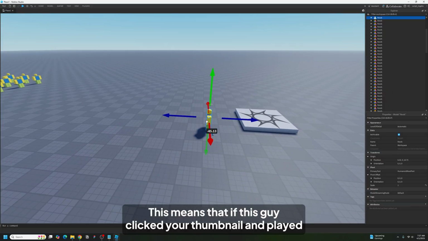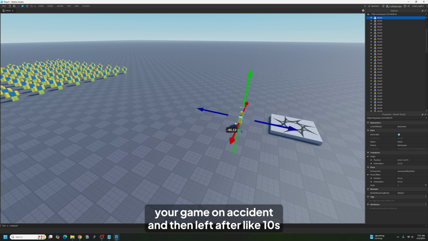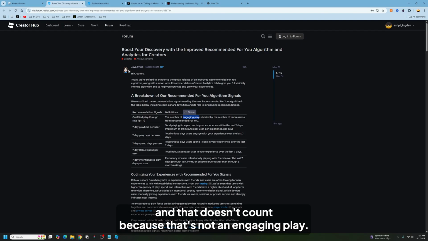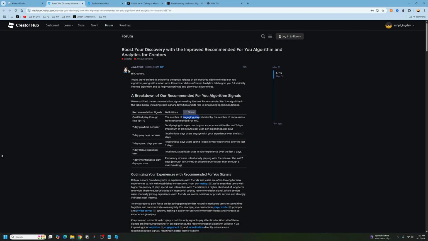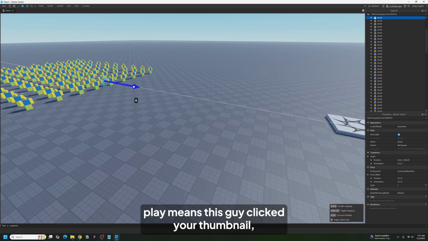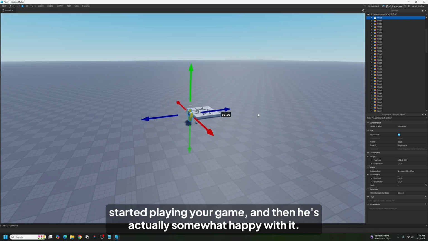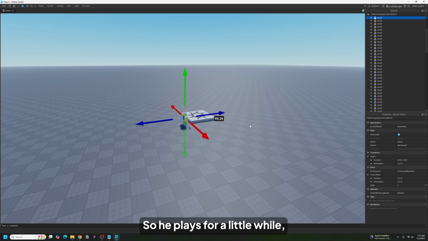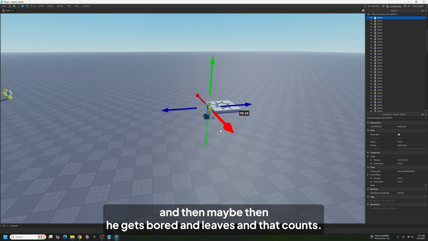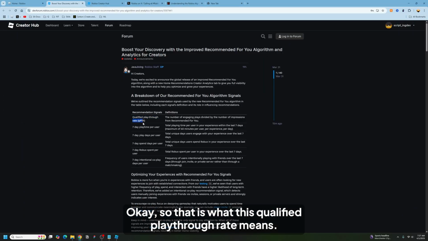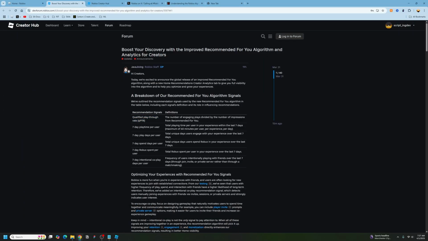This means that if this guy clicked your thumbnail and played your game on accident and then left after like 10 seconds, that doesn't count because that's not an engaging play. Engaging play means this guy clicked your thumbnail, started playing your game, and then he's actually somewhat happy with it. So he plays for a little while, and then maybe he gets bored and leaves, and that counts. Okay, so that is what this qualified playthrough rate means.